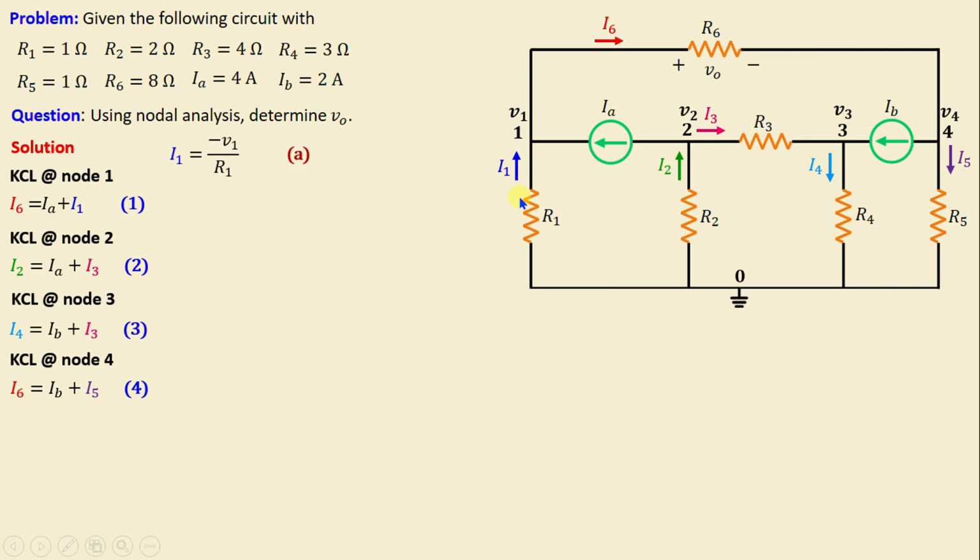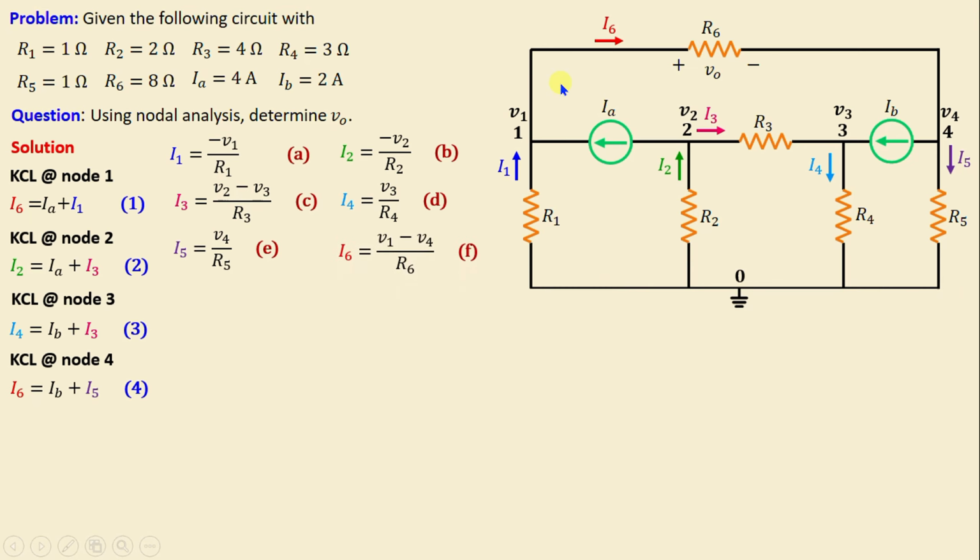I1 is equal to (0 minus V1) over R1, I2 is equal to (0 minus V2) over R2, I3 is equal to (V2 minus V3) over R3, I4 is equal to (V3 minus 0) over R4, I5 is equal to (V4 minus 0) over R5, and the last one, I6 is equal to (V1 minus V4) over R6.